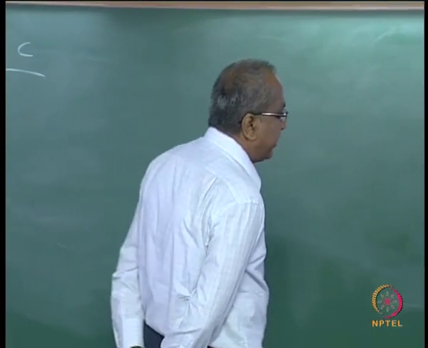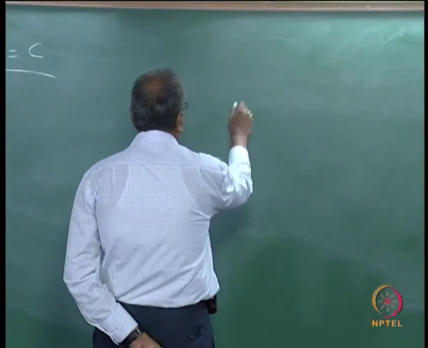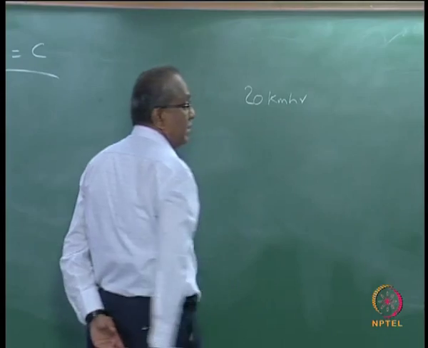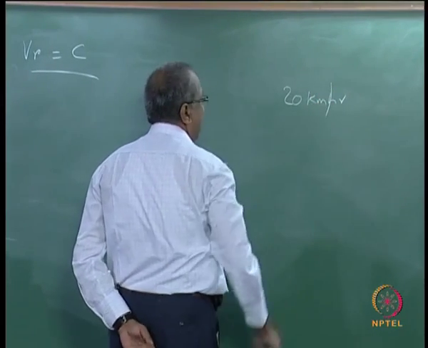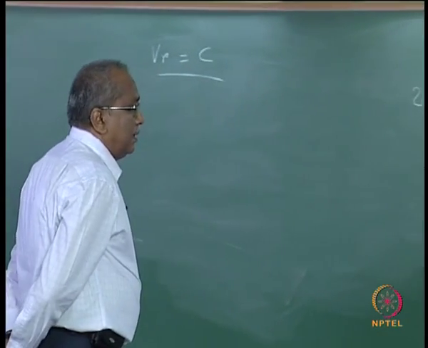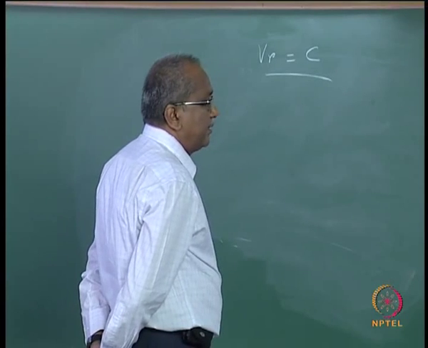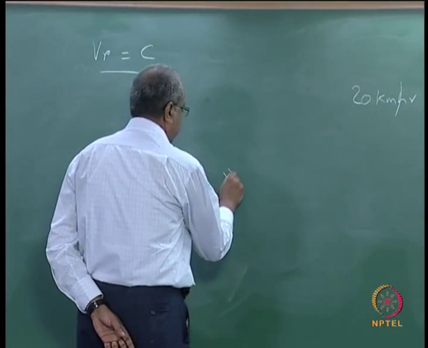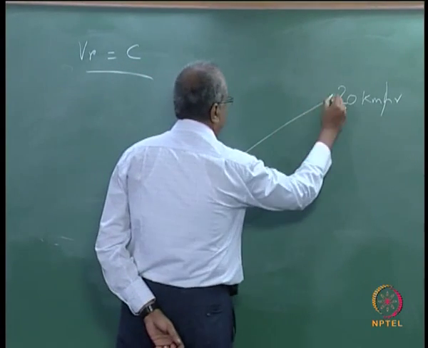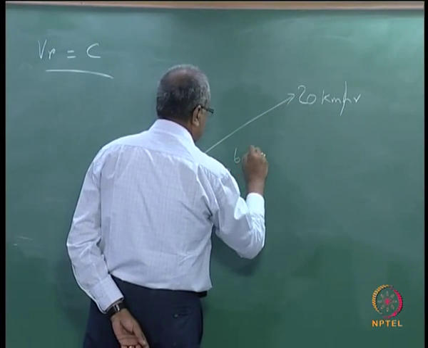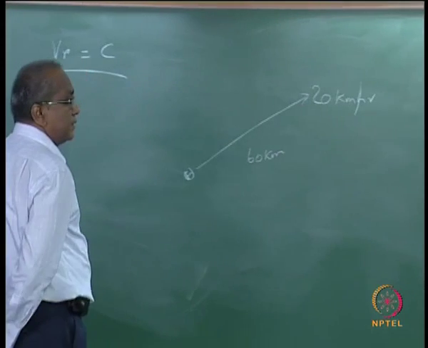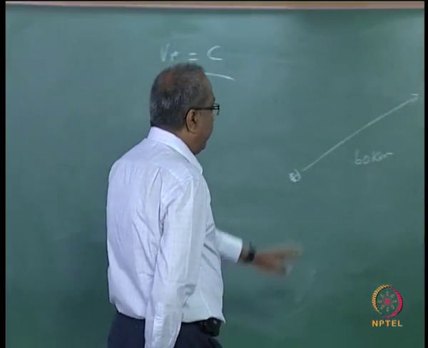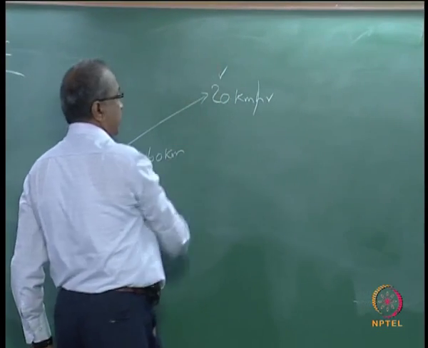If the velocity is 20 km/h sixty kilometers from the center of the cyclone, this is the center of the cyclone, we have a distance of 60 kilometers, and that is the velocity we have.